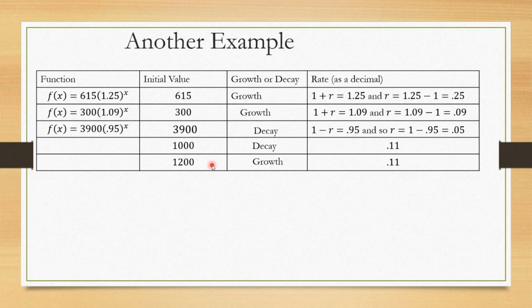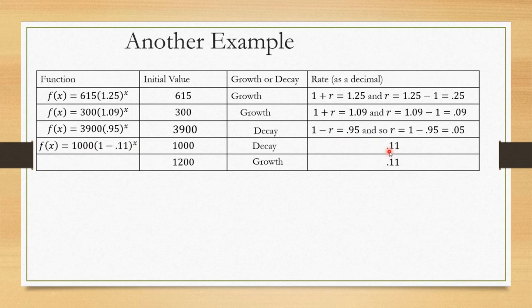Now here, we don't know the function, but we have enough parameters. Namely, we have the initial value. We also have the decay rate. Oh, excuse me, we have that as decaying and the rate as a decimal. I mean, you could have the rate as a percent, but then you have to convert to a decimal. So how do you get this function? Well, it's got to look like this. That's the initial value.